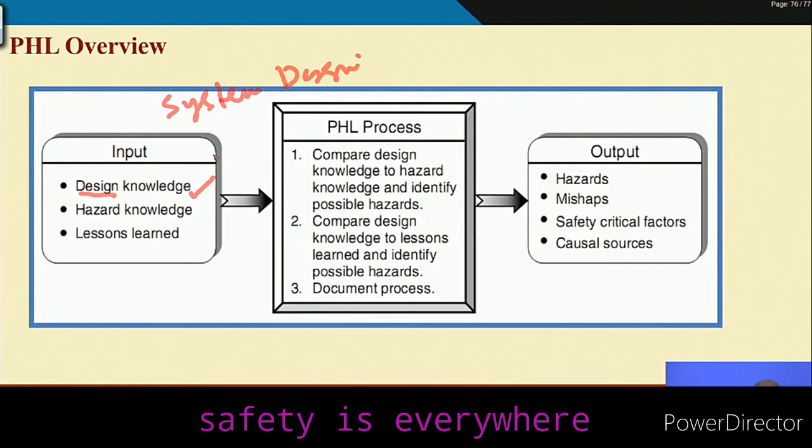Apart from design knowledge, the second thing you must have is hazard knowledge. By hazard knowledge, I mean what a hazard is and how a hazard is ultimately converted to an accident through different initiating mechanisms, all those things we have discussed so far.